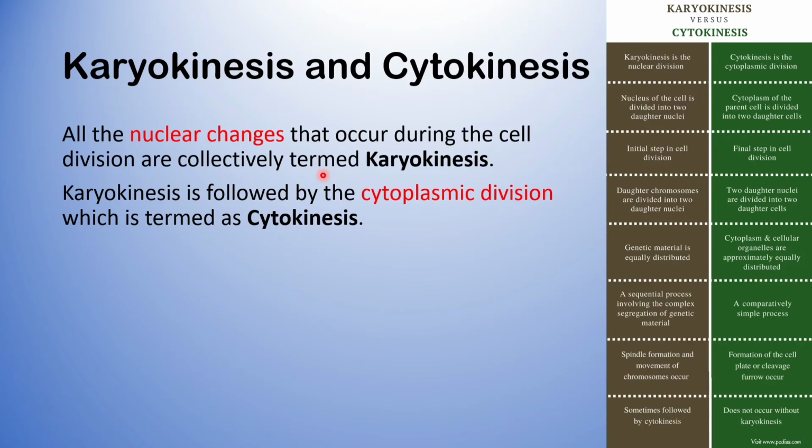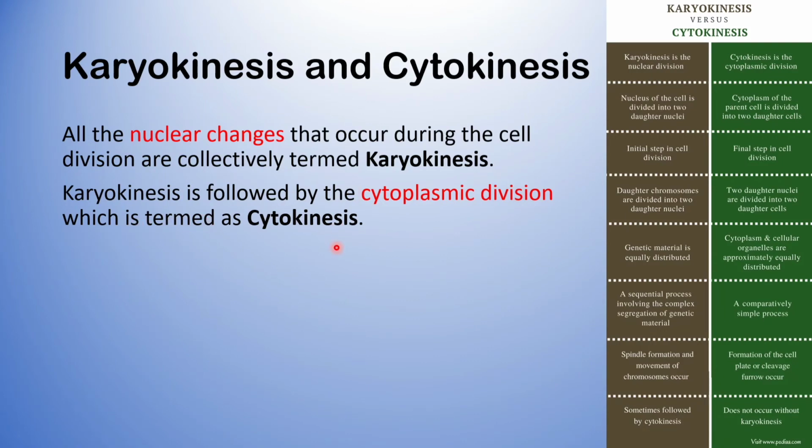We have to learn karyokinesis first: the nuclear changes, the nuclear division of the cell, are collectively termed karyokinesis. Now karyokinesis is followed by the cytoplasmic division, which is termed cytokinesis.